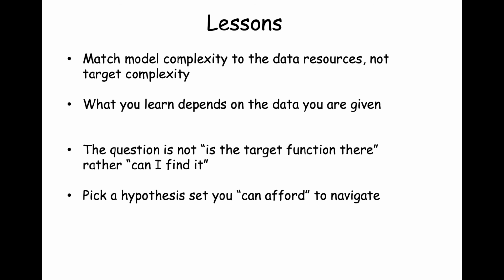And so the question you should ask yourself is not, is the target function there? Rather, do you have the resources to find it? So you are to pick a hypothesis set that you can afford to navigate given the data resources available to you. And you have no control over those data resources. They're just given to you.